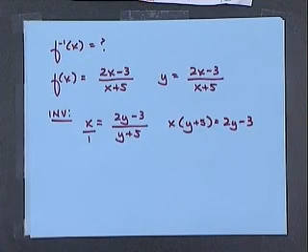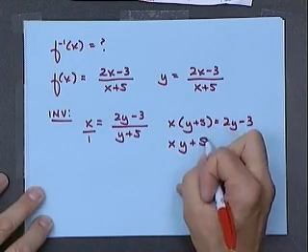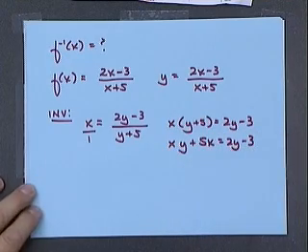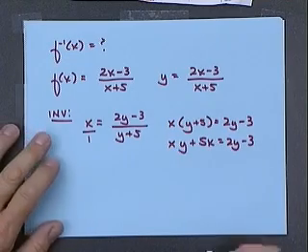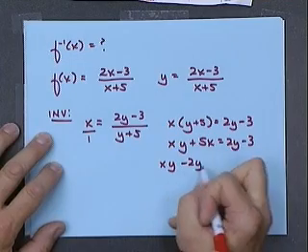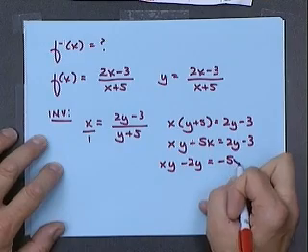What's next? Distribute the x. Good. Now that we've distributed everything, let's get all the terms that have y on one side. Minus 5x.